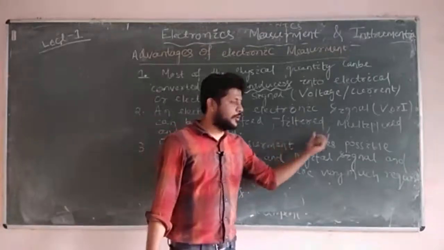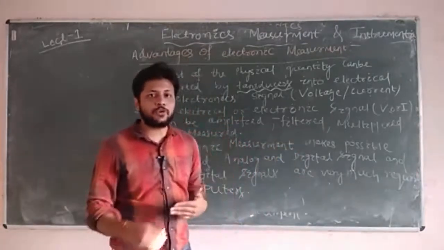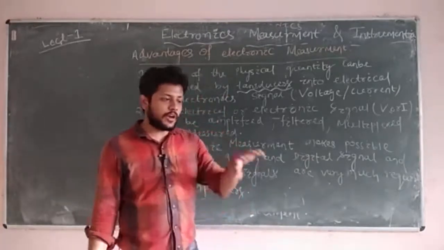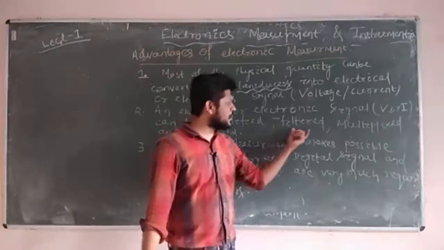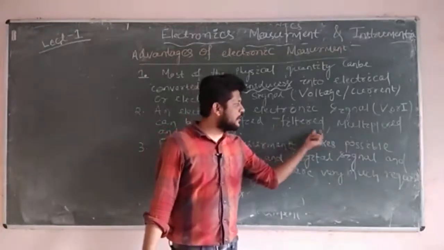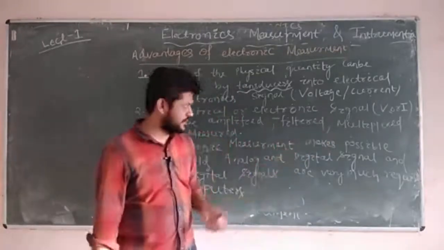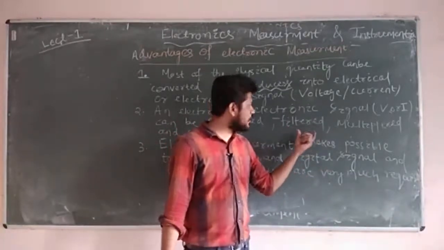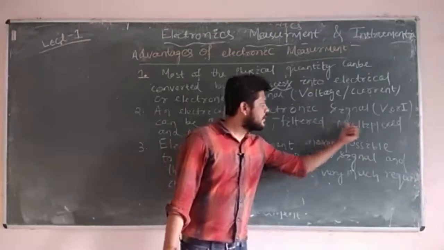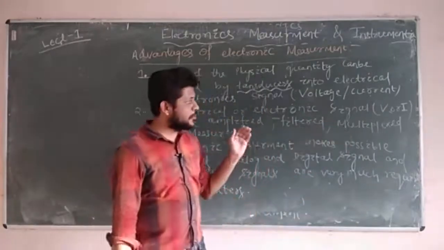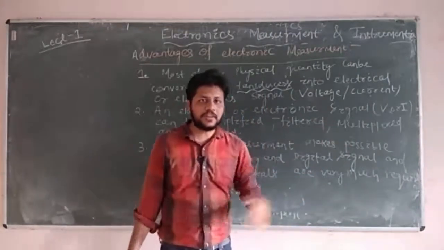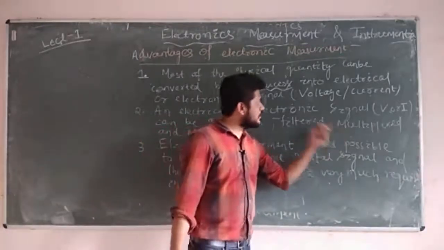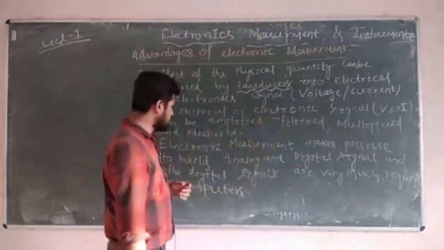Then we can filter out noise, meaning external unwanted signals which corrupt your message signal, by using filter circuits, for example active filters or passive filters. We will study this in your basic electronics and analog electronics subjects. Multiplexing means more than one signal can be transmitted simultaneously. That's the reason we are using electronic instruments.